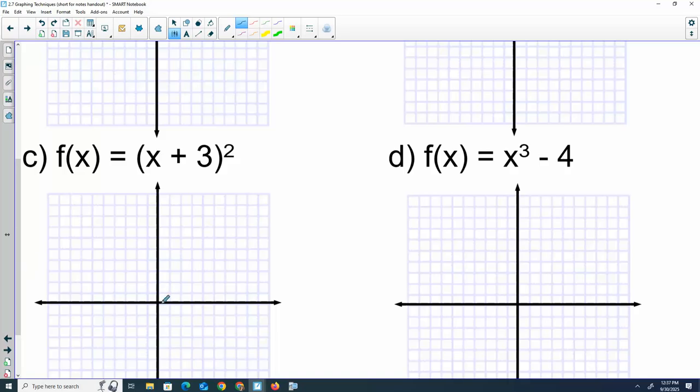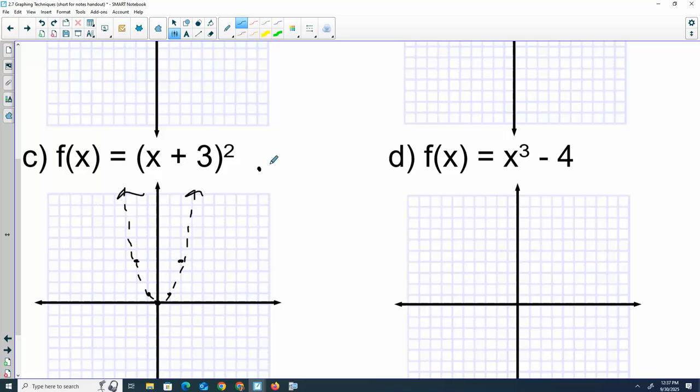X squared. So the parabola, 0 squared is 0, 1, 1, 2, 4. This is inside. Inside changes x and does the opposite of what it says.